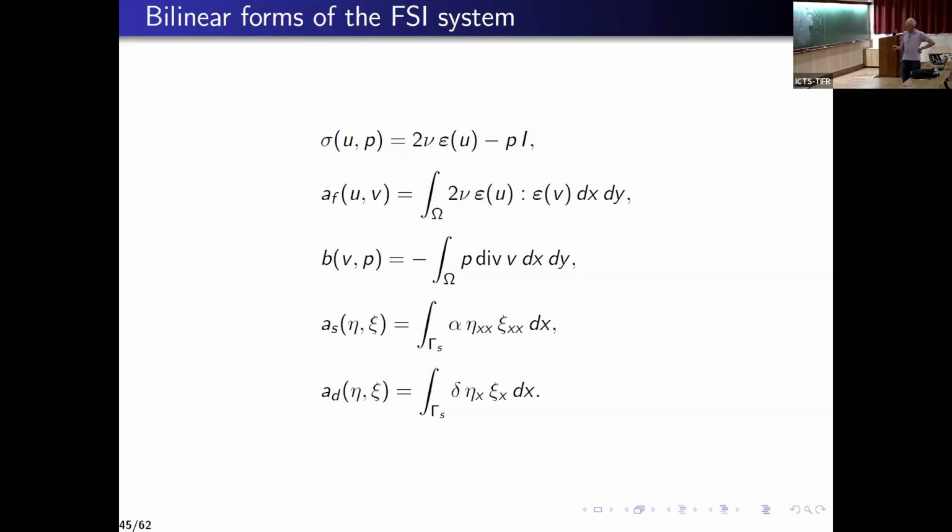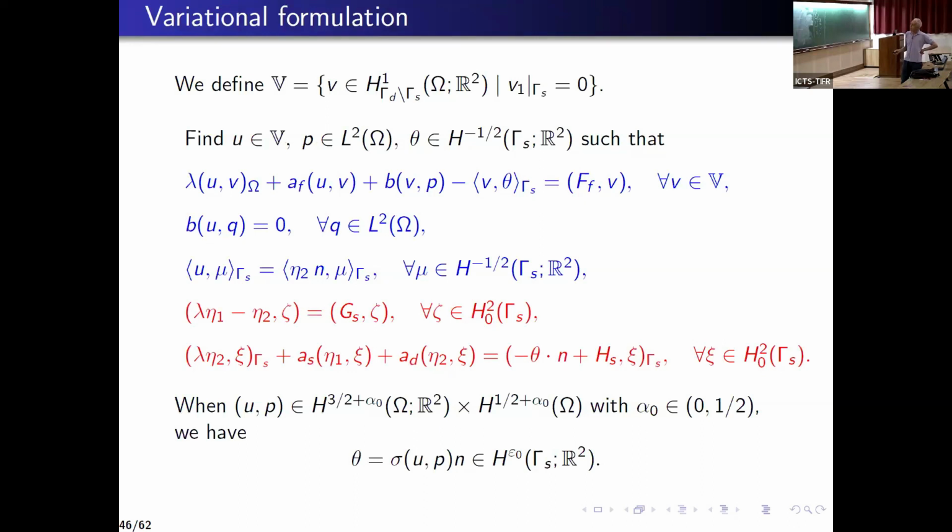So I have to introduce the following bilinear forms for the fluid, for the divergence, for the structure, and for the damping in the structure. I think I will not have time to present everything, but I'm going to give just the main idea.